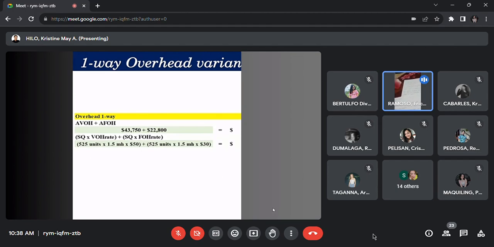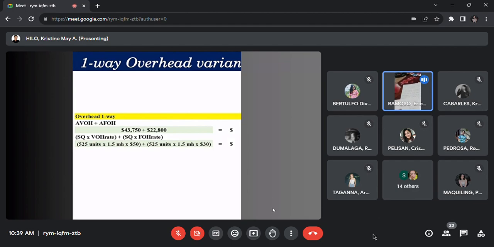And then our standard quantity times variable overhead rate plus standard quantity times fixed overhead rate is 525 units times 1.5 machine hours times 50 plus 525 units times 1.5 machine hours times 30, so equals 63,000.